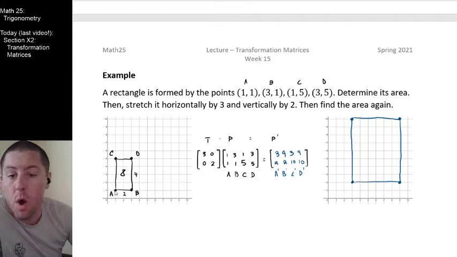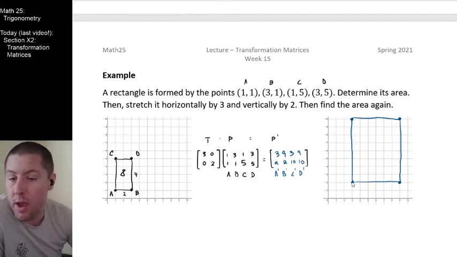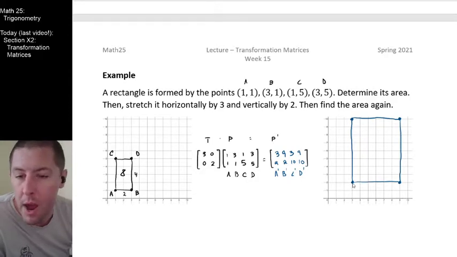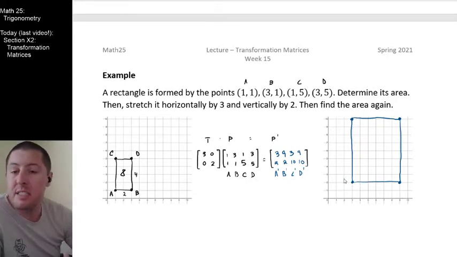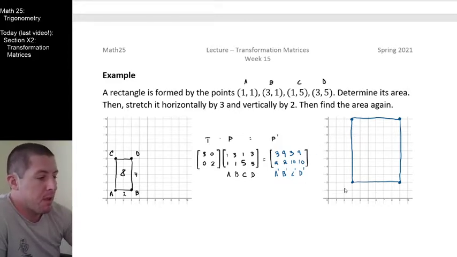This one started 1 x unit away and 1 y unit away, and is now 3 x units away and 2 y units away from the origin. So our distance from the origin also got affected by these scaling factors.